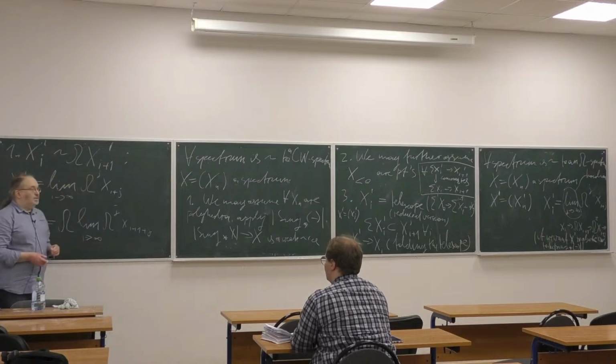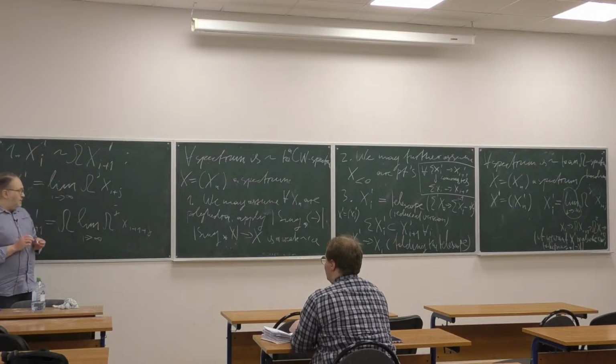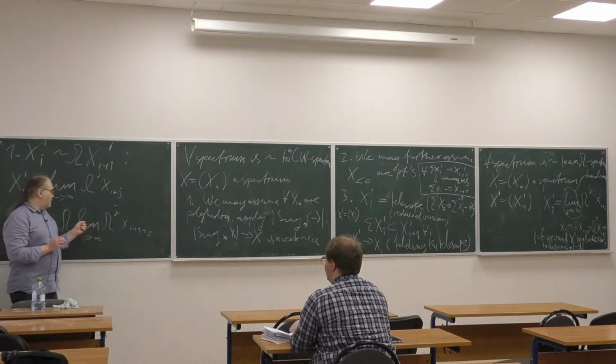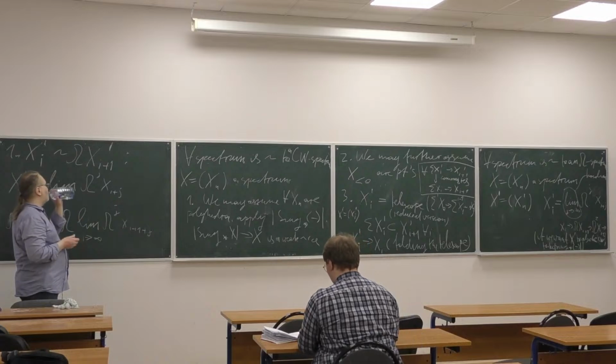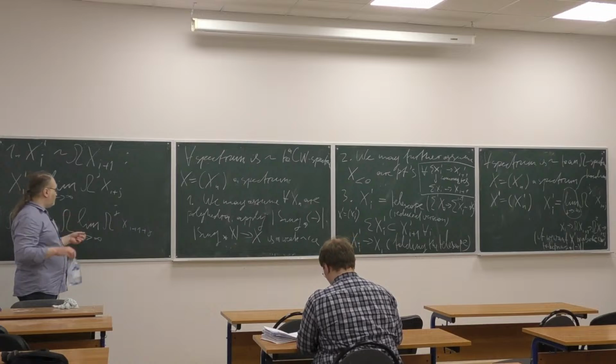Okay, so now we use a slightly plausible but a slightly technical thing. Recall that in our definition of a spectrum, all spaces were assumed compactly generated Hausdorff. Now, for those spaces, omega commutes with the homotopy colimits.